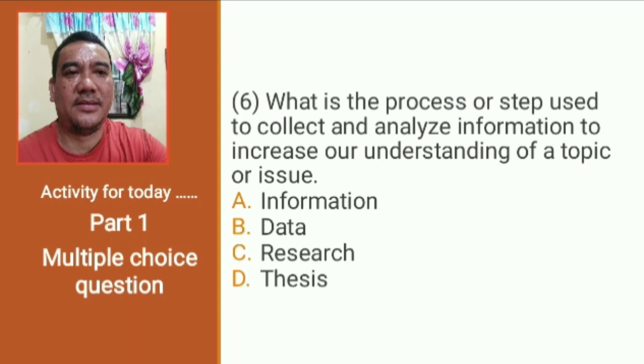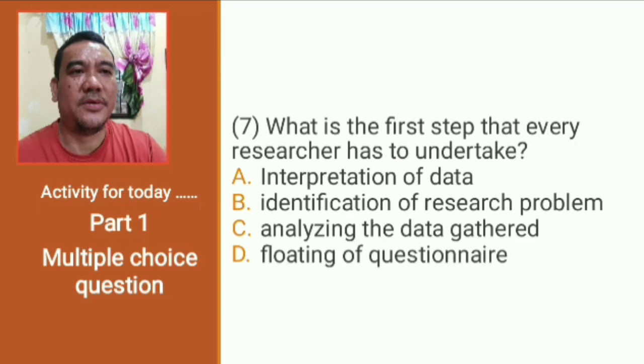Question number 7. What is the first step that every researcher has to undertake? A. Interpretation of data. B. Identification of research problem. Letter C. Analyzing the data gathered, or letter D. Plotting of questionnaire. Question number 8.